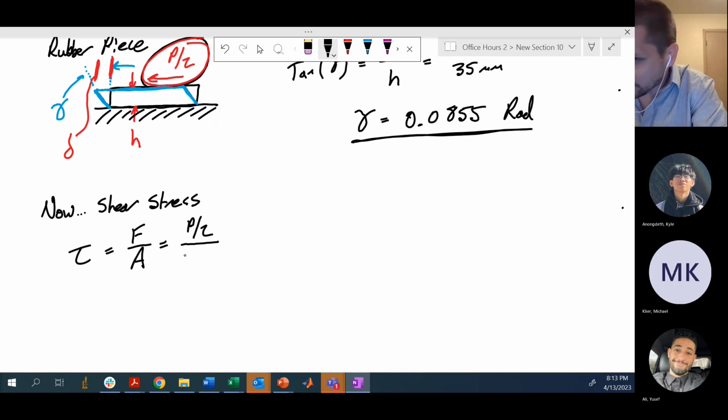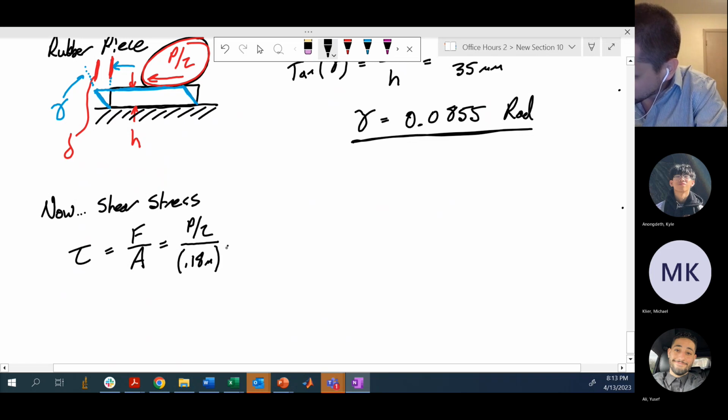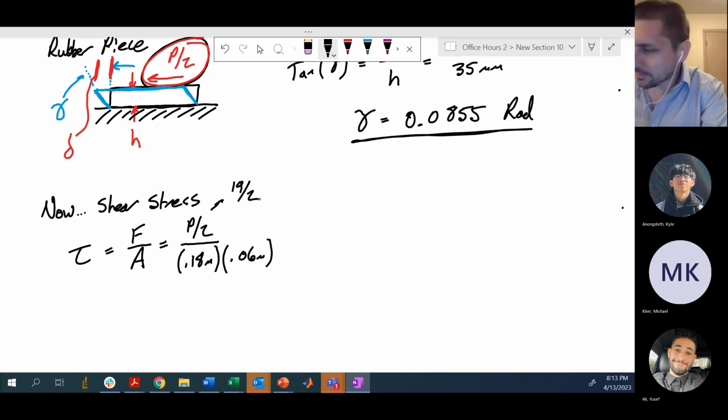So here, the cross-sectional area is 180 millimeters, or what I'll say is 0.18 meters, times the width, 0.06 meters. This load here is 19/2 for reference. All right, so punch all this in, you'll get a shear stress acting on this particular guy of 880 kPa.